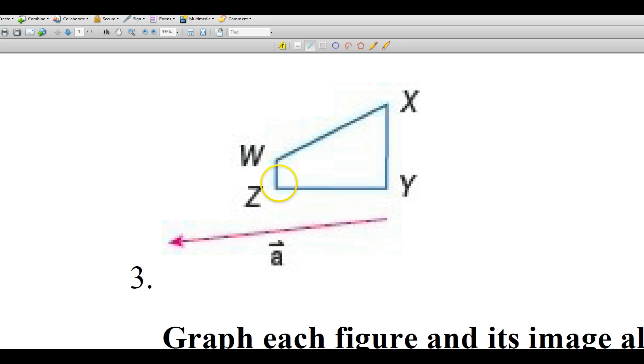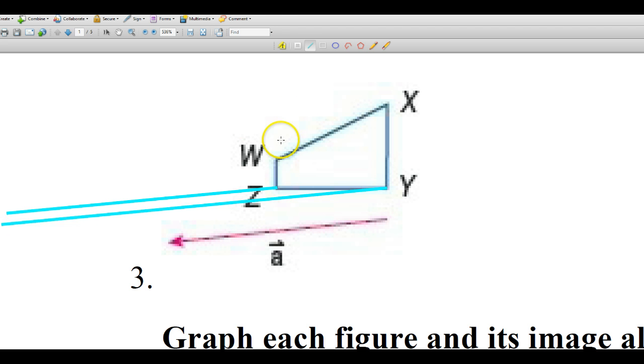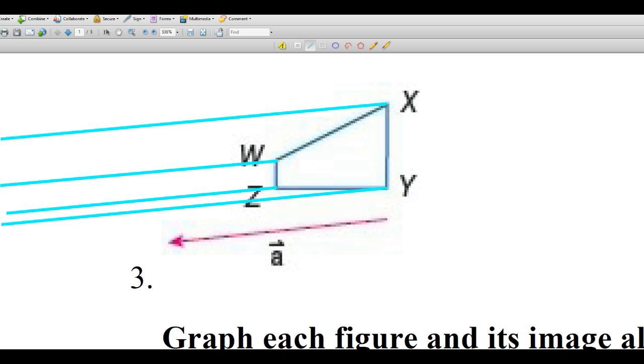So once again, we would take our ruler and draw lines parallel to the vector through each vertex. After we've done that, we would measure our vector and then mark off that same distance along each line.